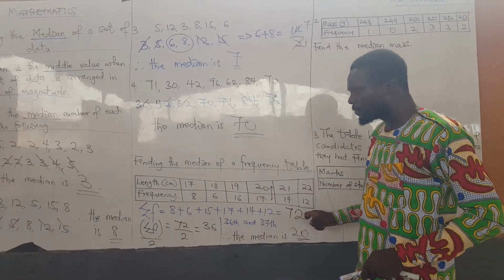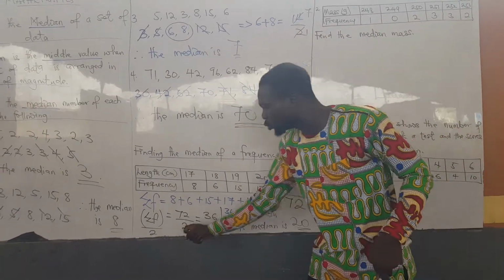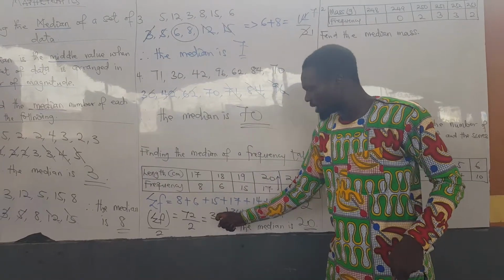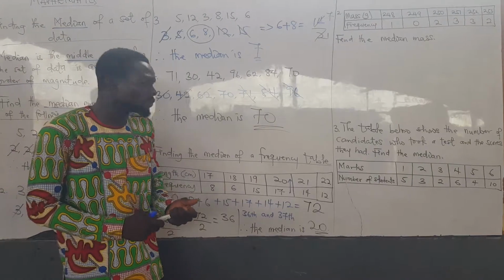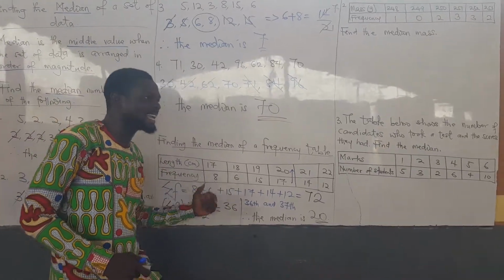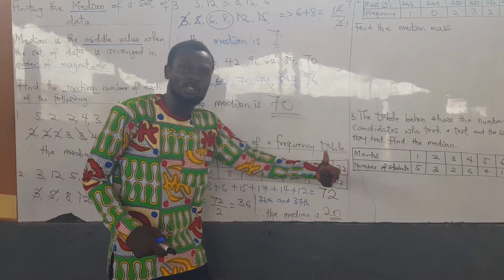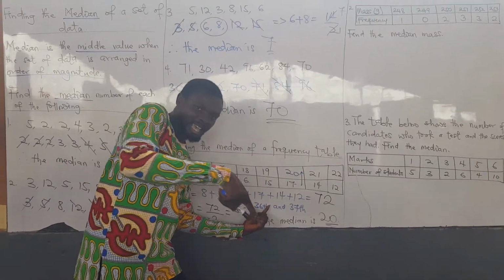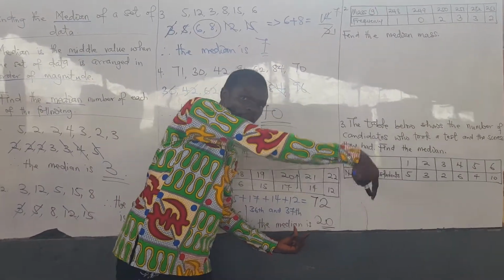Since the sigma f here is an even number, divide it by 2. If you divide it by 2, you are going to get 36. When you get the answer, you are going to find this answer and the next one. So 36, the next one is going to be 37. So we are going to look for the 36th term and the 37th term.